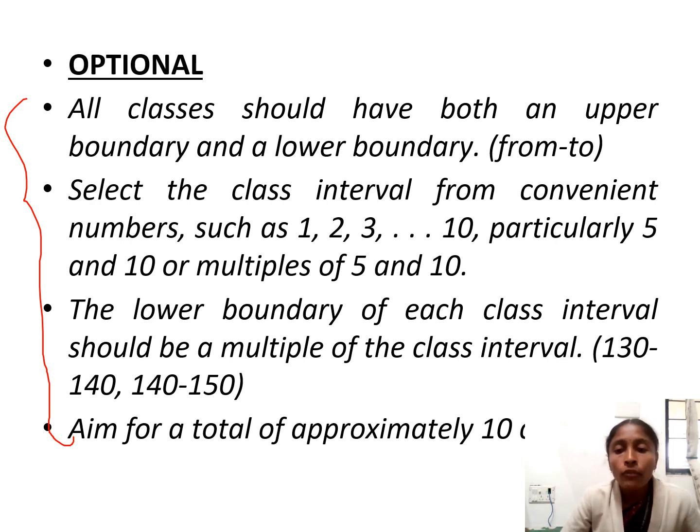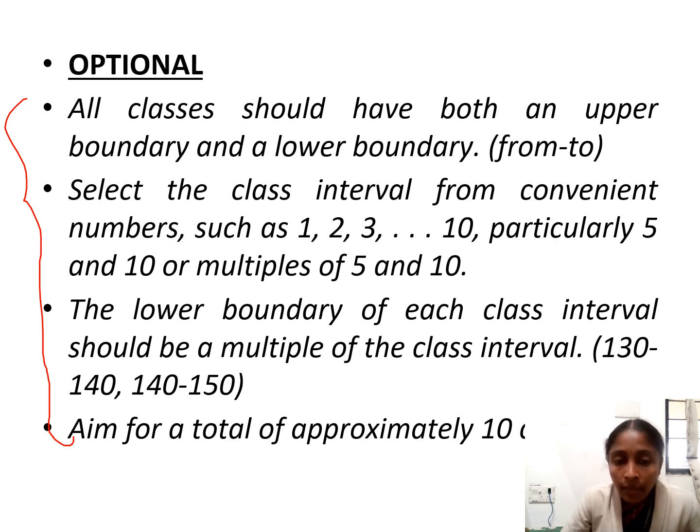And the lower boundary of each class interval should be a multiple of the class interval. So here the concept is, the starting lower boundary is 130 and the upper boundary is 140. The next lower boundary is 140 and the upper boundary is 150. Here this is not compulsory.